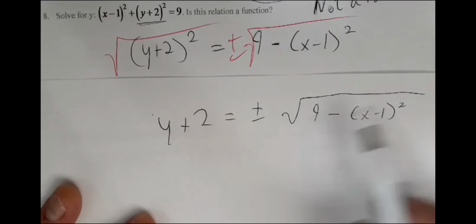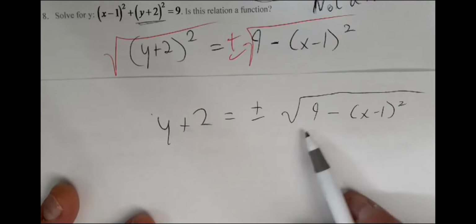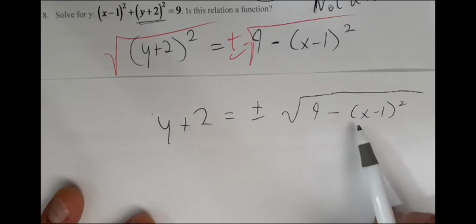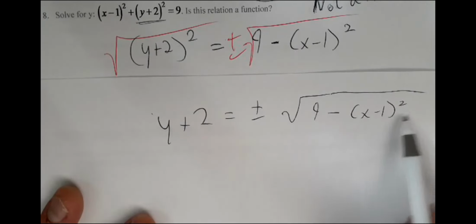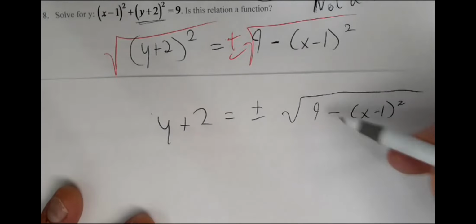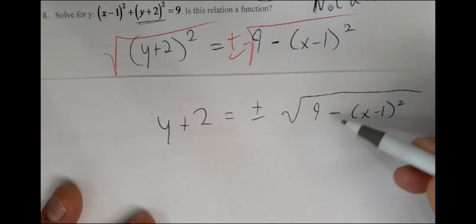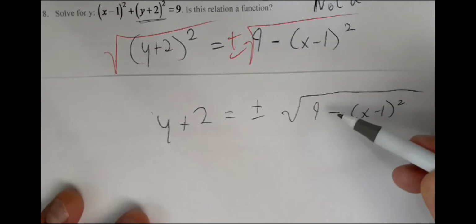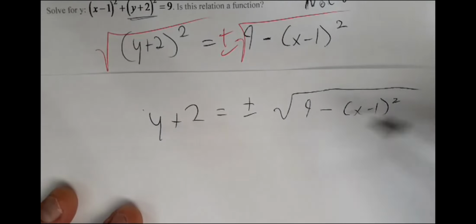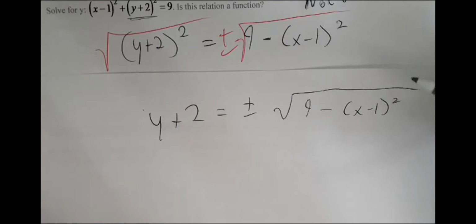You might want to try to clean this thing up somehow. I'm not sure how you're going to do that. If this were 9 times x minus 1 squared, you probably could. But there's this subtraction sign right here that really makes things difficult to clean up. If everything was being multiplied in here, you'd be okay to clean some stuff up.